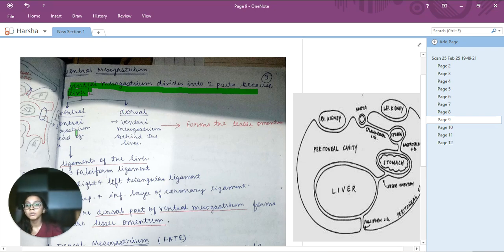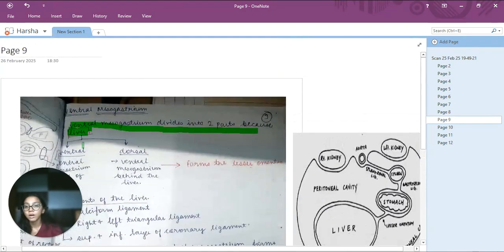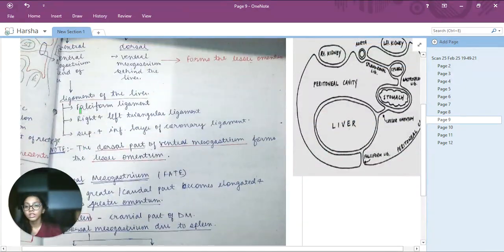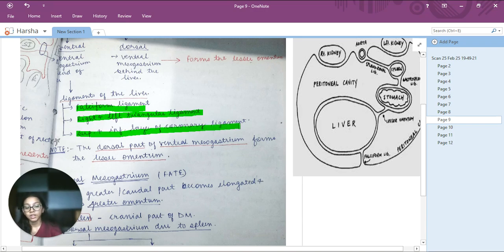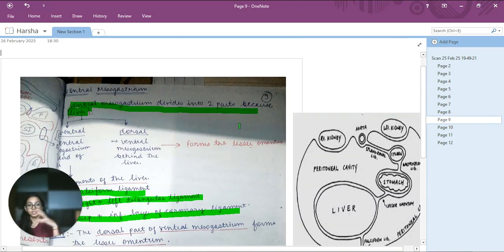The ventral mesogastrium heads up and forms the ligaments of the liver. The ligaments of the liver are the falciform ligament, right and left triangular ligaments, and the superior and inferior layers of the coronary ligament. When the liver is studied in detail, it will be understood more.